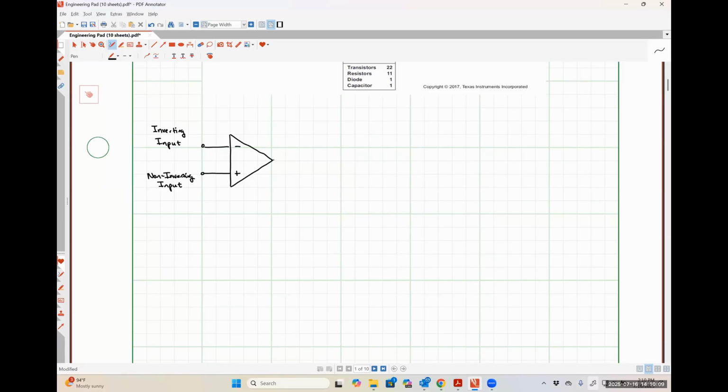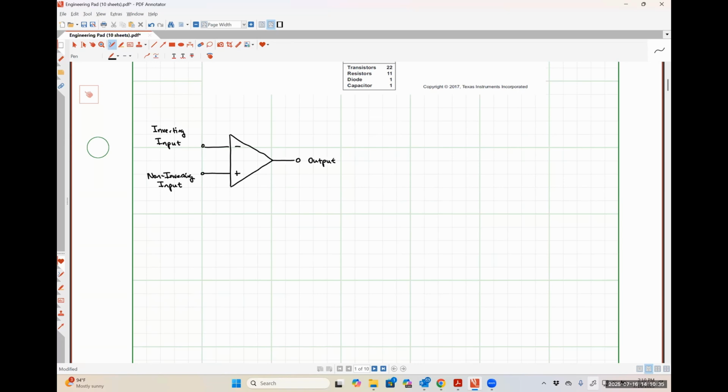Over here on the right, I will now actually draw our output terminal. And the output of an operational amplifier is always going to be a voltage. It will be a voltage measured with respect to ground. For what it's worth, our inverting input and non-inverting input signals are also usually voltages measured with respect to ground.